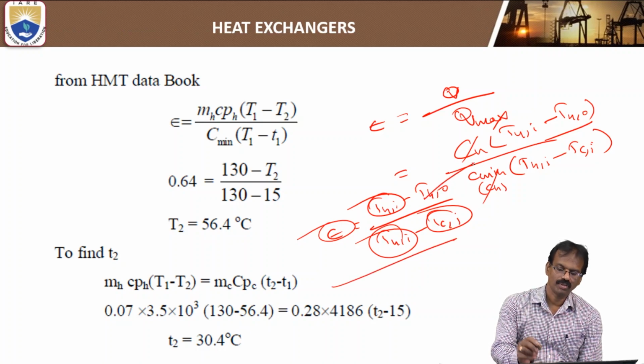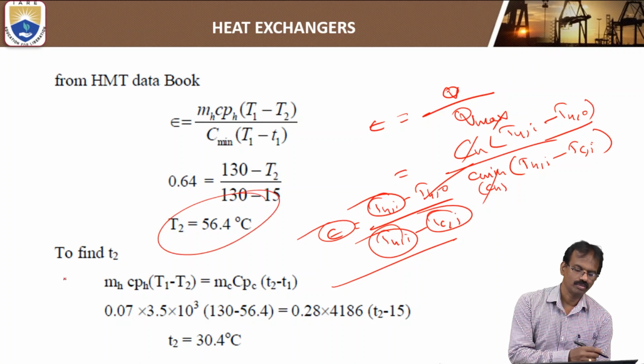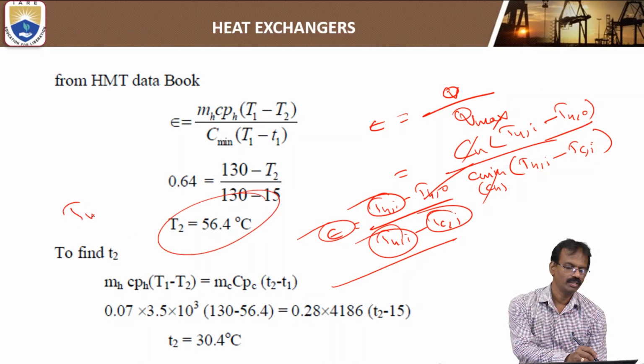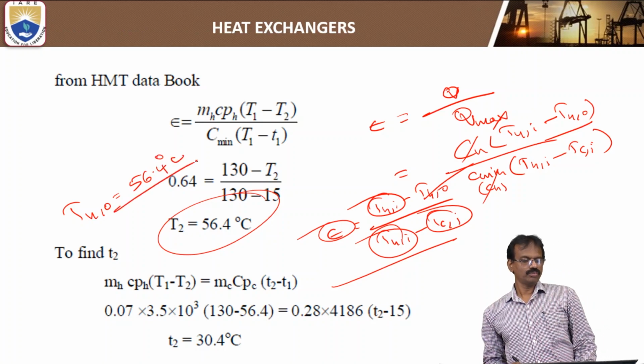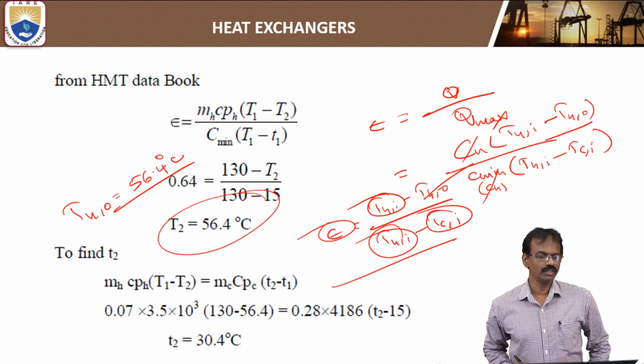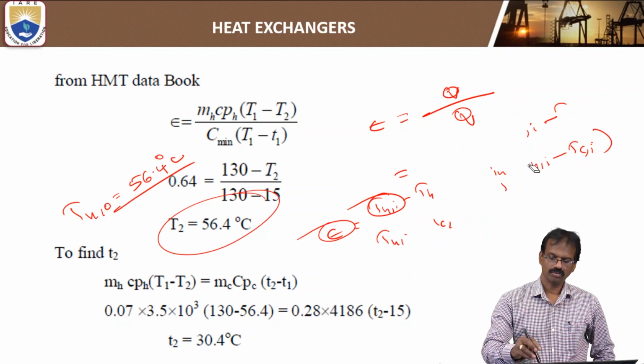Using this formula, you can find the hot fluid outlet, TH0, which is 56.4 degrees Celsius. Once you know this, you can find the cold fluid outlet temperature. For this, you know the formula: the energy equation.